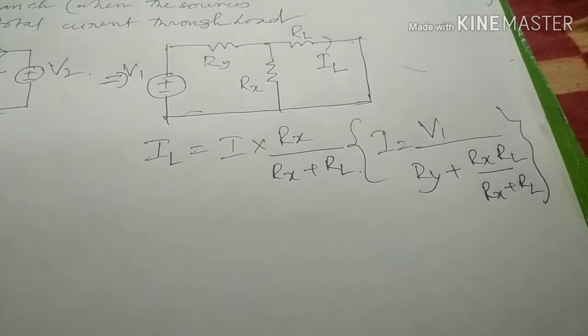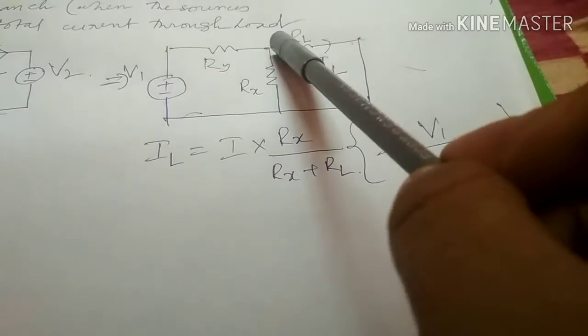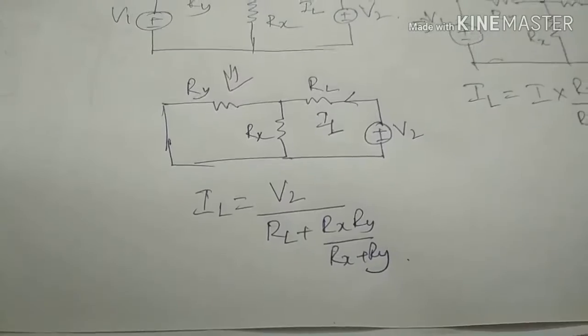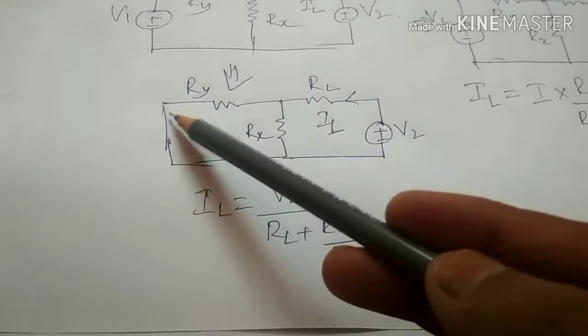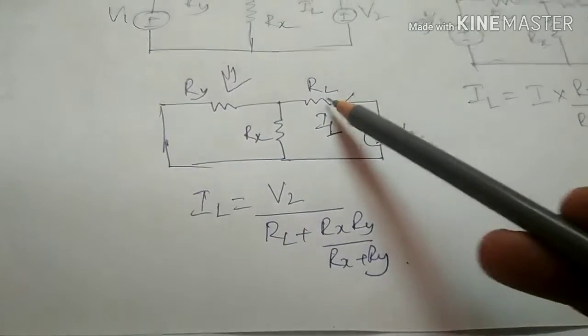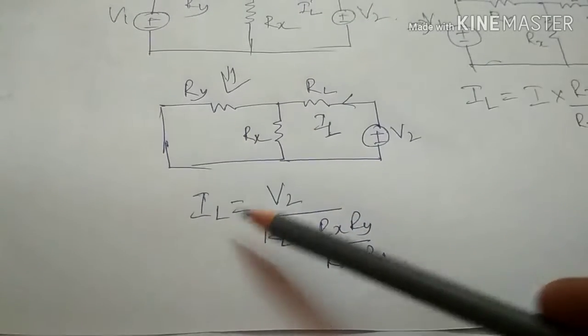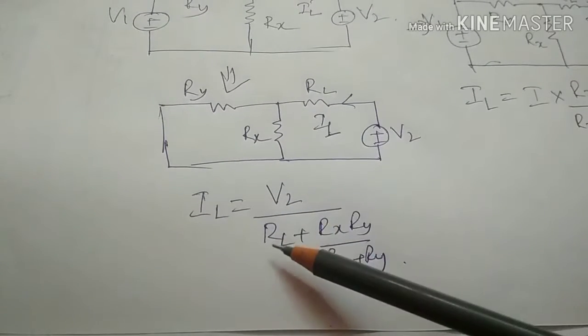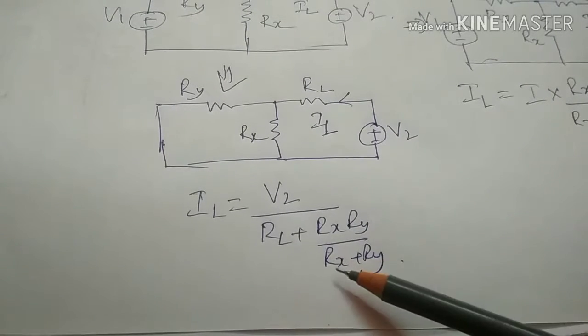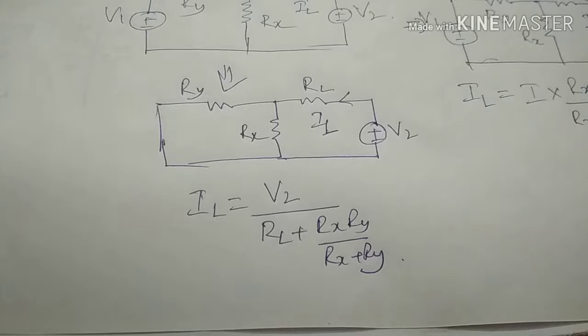Now we calculate the current through RL when V1 is short circuited. When V1 is short circuited, the current through RL is IL dashed equal to V2 divided by RL plus Rx into Ry divided by Rx plus Ry.